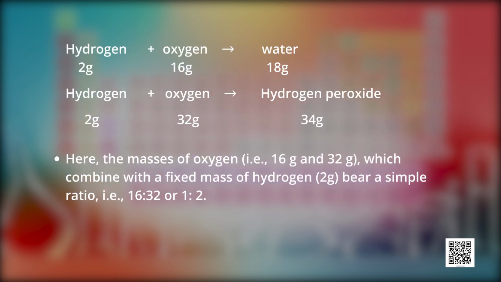You can see on the screen when 18 gram of water is formed, 2 gram of hydrogen combines with 16 gram of oxygen. When 34 gram of hydrogen peroxide is formed, 2 gram of hydrogen combines with 32 gram of oxygen.